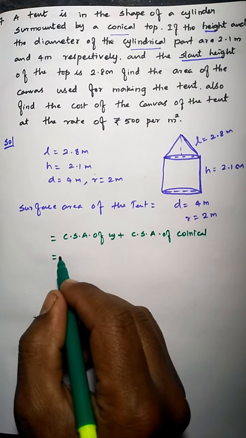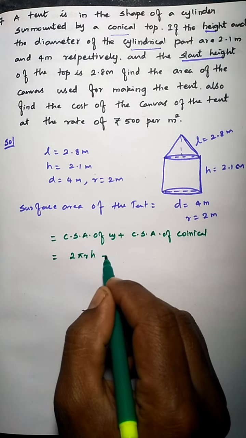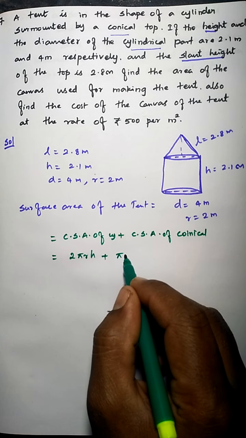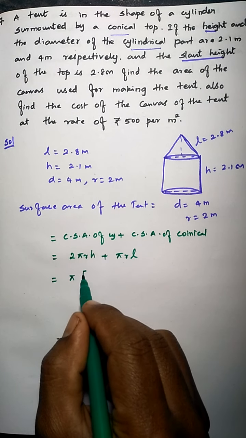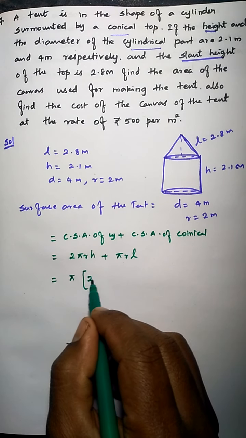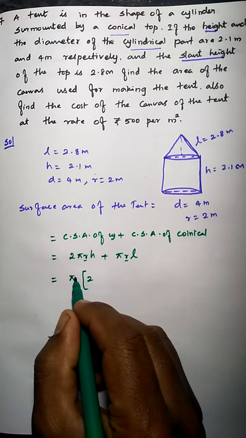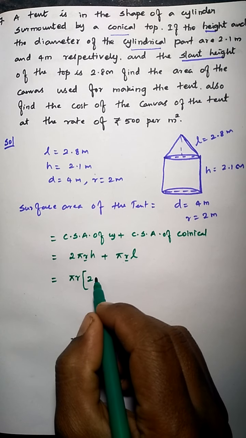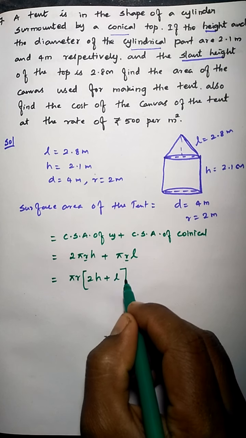Okay, so we know the curved surface area of the cylinder formula is 2 pi r h, and the curved surface area of the cone formula is pi r L. Let's take pi common outside, then remaining you have your 2. See, the radius is also the same only, so let's take the radius also common outside. Then inside you have 2h plus, since you took pi r outside, only L will be there.